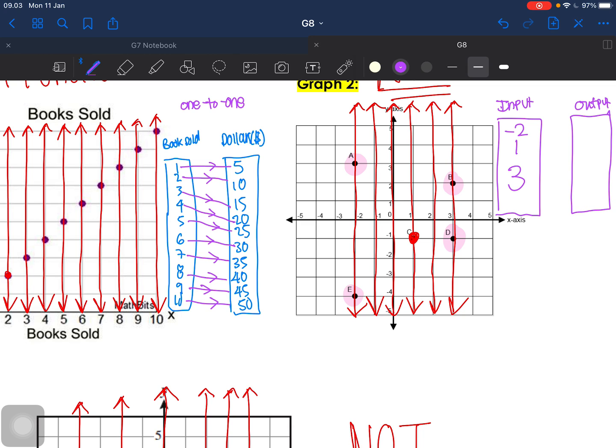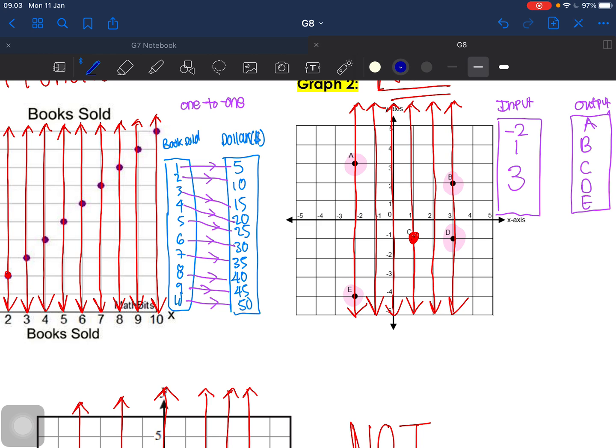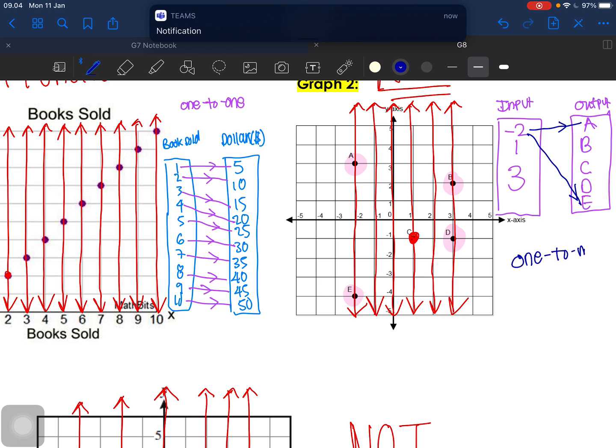We have A, B, C, D, and E. So -2 here, the x here has two y values. It's mapped onto A and onto E. So immediately it's one to many, right? We already know it's one to many, which is not a function.